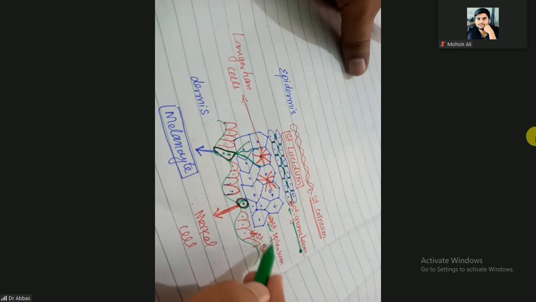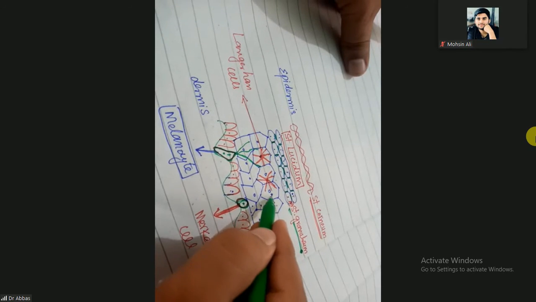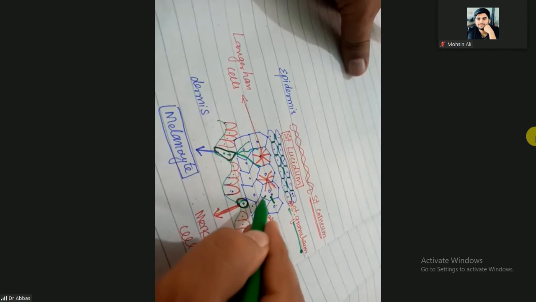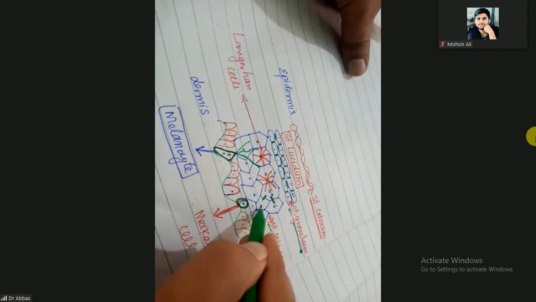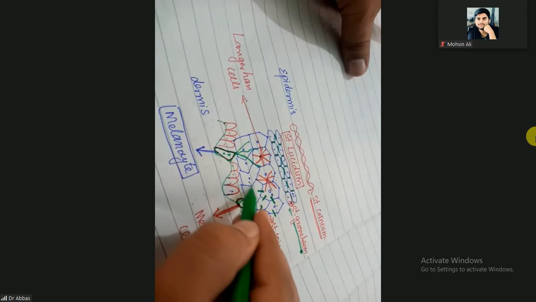I gave you the brick and mortar model. But cells of the stratum spinosum are attached to each other by the specific protein known as desmosome. This greenish color is the desmosome.